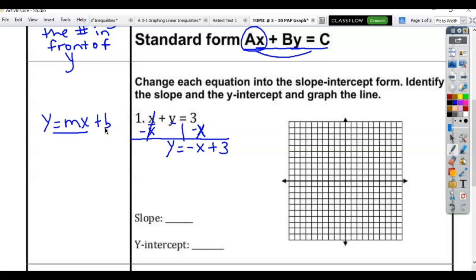Now this is in the format of y equals mx plus b, so we can get our slope. Our slope is our m. Remember, the slope is the same thing as the rate of change, and the slope and the rate of change do not have x in them.